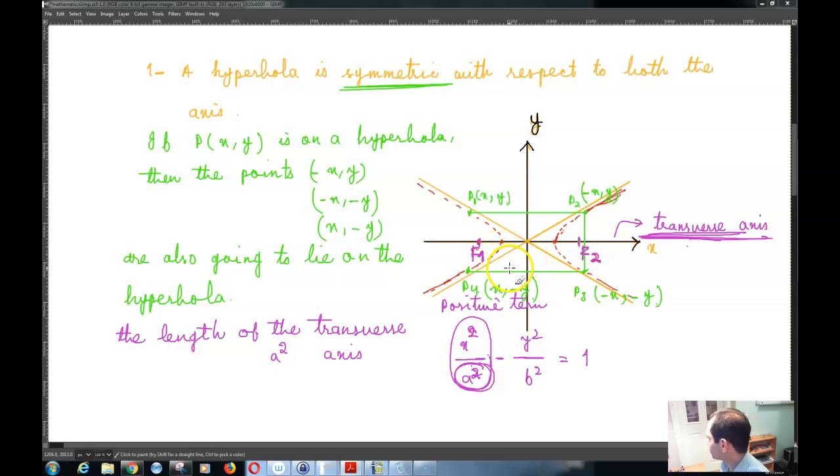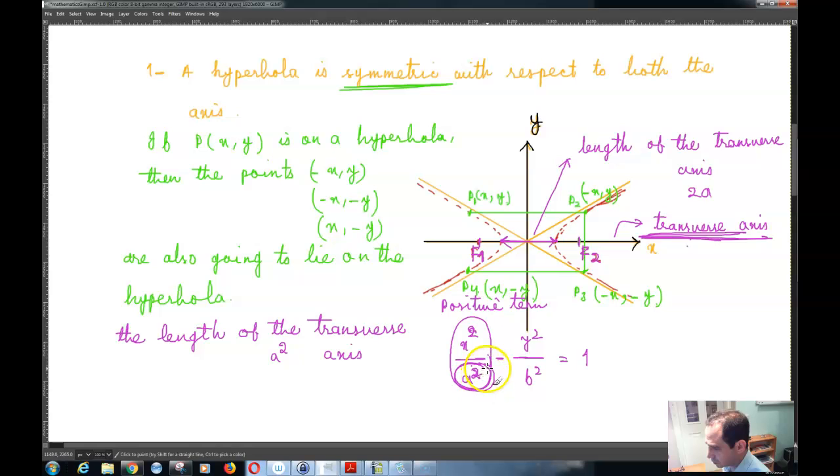The length of the transverse axis. So we said that we denote the distance between the two foci by 2c, and the distance between the vertices, the length of the transverse axis, by 2a. So the length of the transverse axis is this distance over here, denoted by 2a.